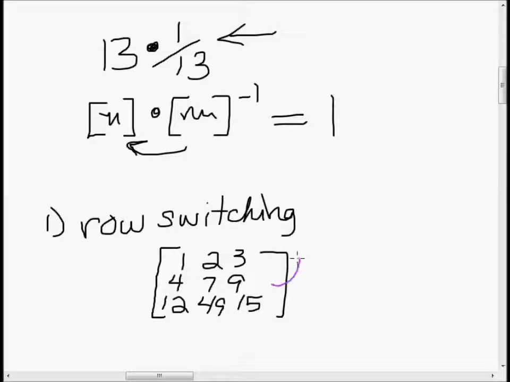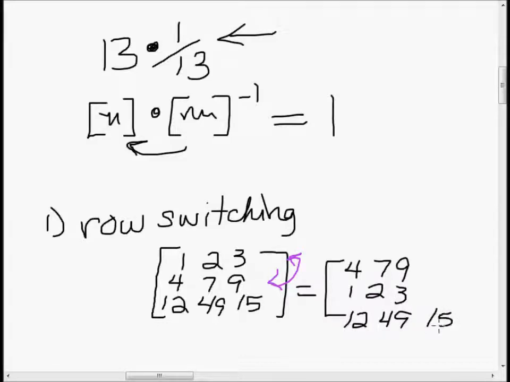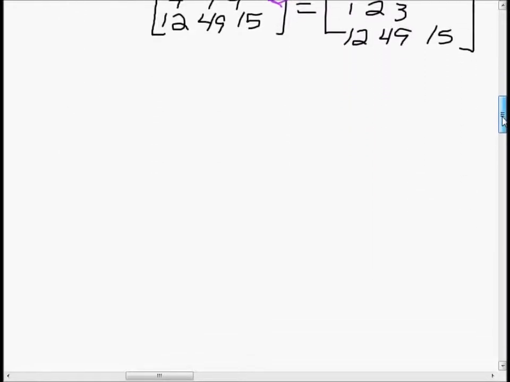So I could swap these 2 rows around, and all of this can only happen with rows. That's the first thing you should know. Then you could get the matrix 4, 7, 9, 1, 2, 3, 12, 49, 15, and there's a mathematical reason for this. I don't tend to use row switching very often because it's really easy to back yourself into a corner and add a lot of extra work. So you can use this, I don't tend to use it. Let's look at the other 2 things you can do.